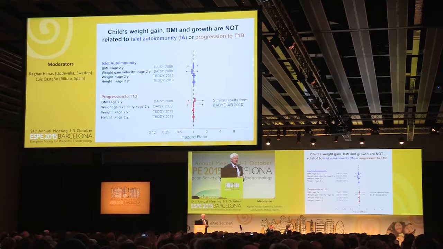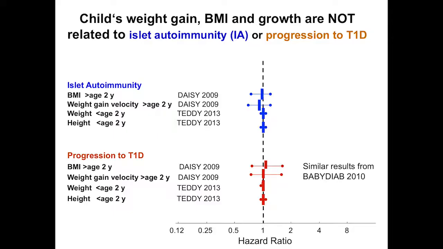Now, there are still people who believe in the accelerator hypothesis, that obesity and insulin resistance cause development of islet autoantibodies and type 1 diabetes. When you look at a number of prospective studies so far, there's no evidence for accelerator as a cause, or obesity as a cause of type 1 diabetes.